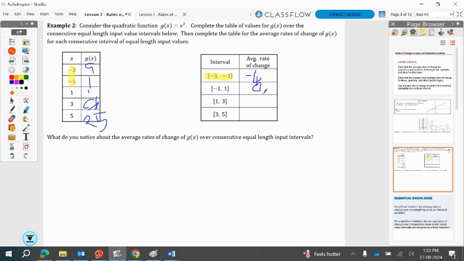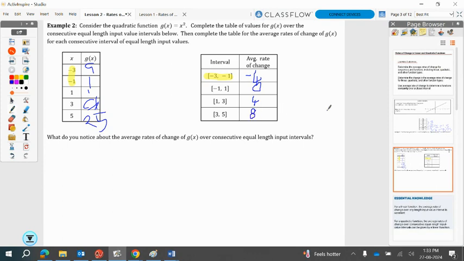That one's going to be 0. On this one, we're going from 1 up to 9, so that's going up by 8 over an interval of 2. So 8 divided by 2, that's going to go up by 4. And here we're going to go up by 16 over an interval of 2. So that's going to give us 8.